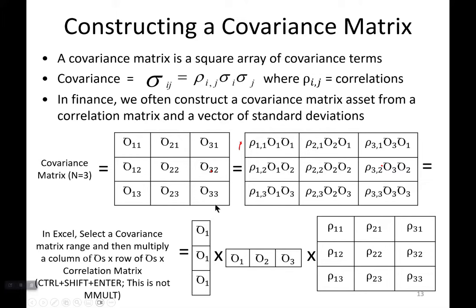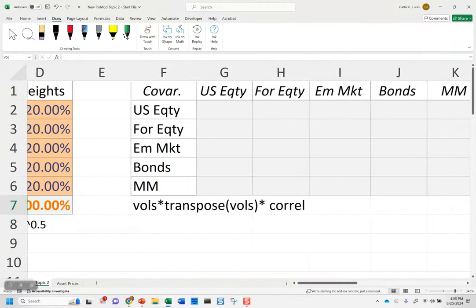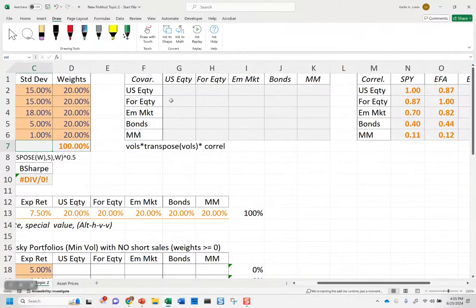I'm not going to use mmult, because notice this new matrix here, this covariance matrix, this number isn't a sum product. It isn't an entire row times an entire column. It's really just multiplying 3 matrix points together. It's not a whole row times a whole column and so on. So in Excel, if you want to do something like that, our goal here is to create a covariance matrix.